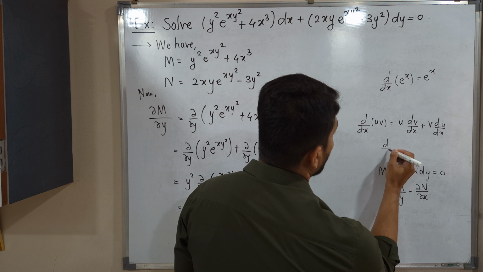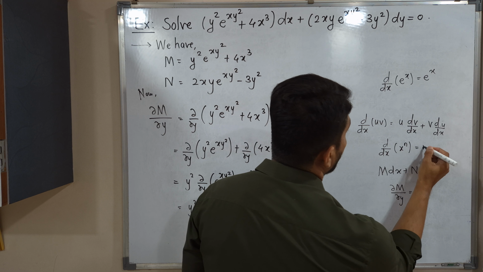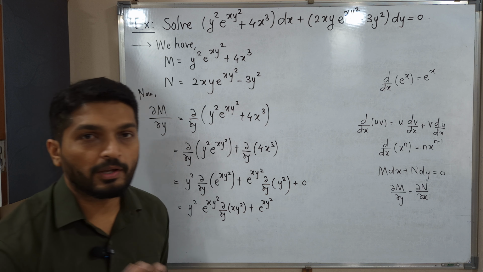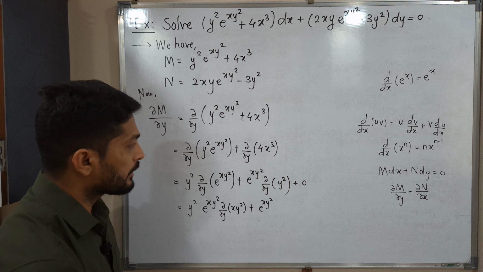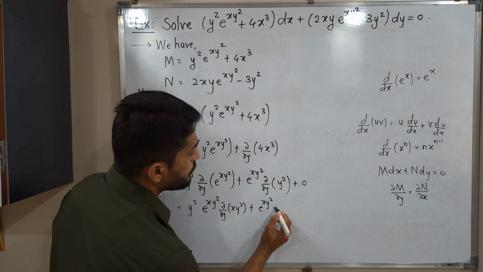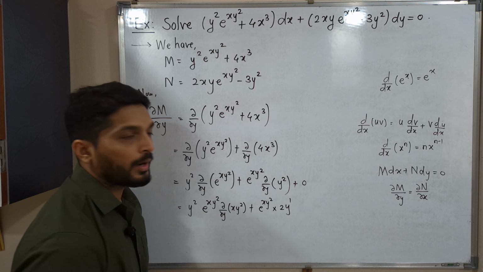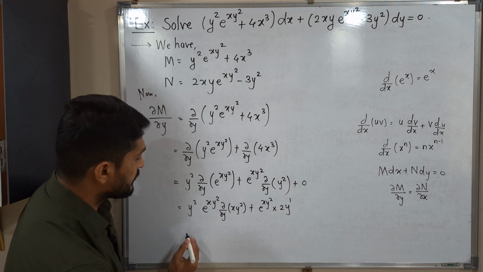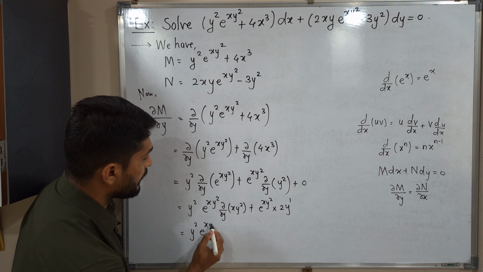The derivative of x raised to n is n x raised to n minus 1. When you take the derivative, if you have any power, we write it first and reduce the power by 1. Here the power is 2, so 2 as it is, and we reduce the power by 1, so 2y raised to 1. So I got the derivative. This is equal to y square e raised to xy square.